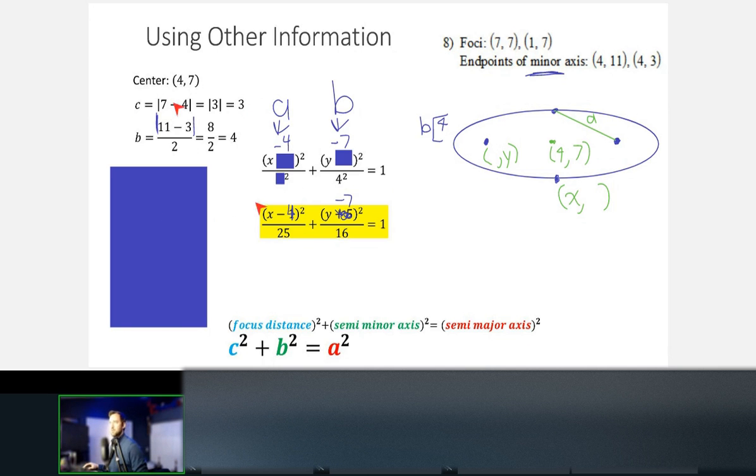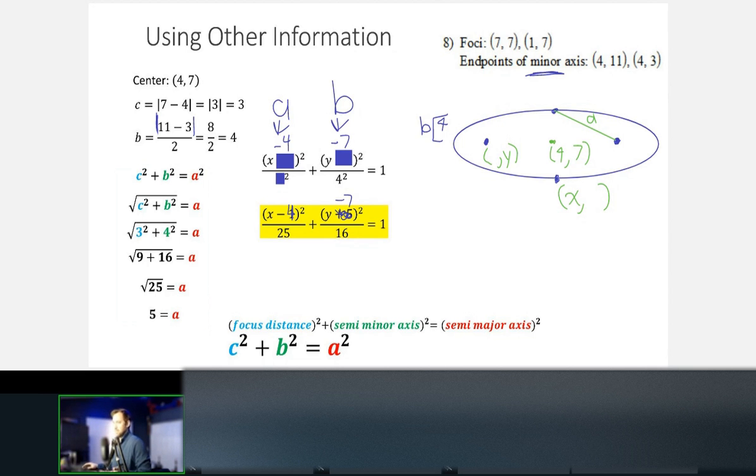We also could have found the distance between these two foci, used the distance formula from this point to this point, and then just cut it in half. That also would have worked. And then once you have your B and your C values, we plug them in to find A. Or we could have used the distance formula between these 2 points.